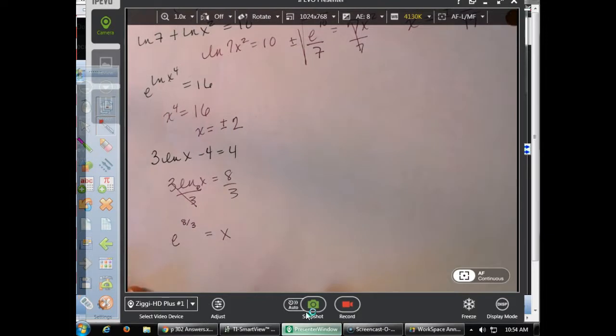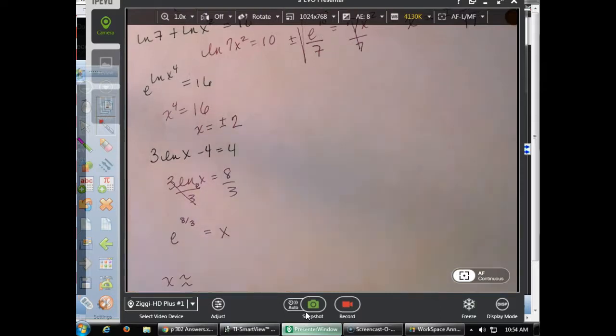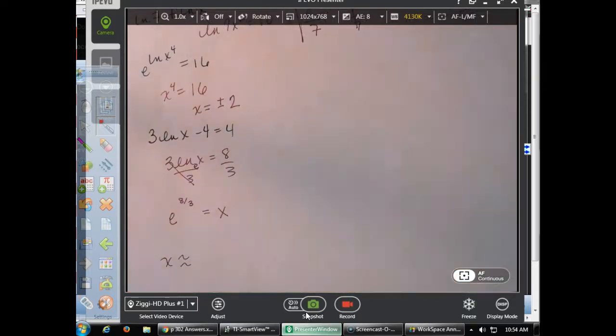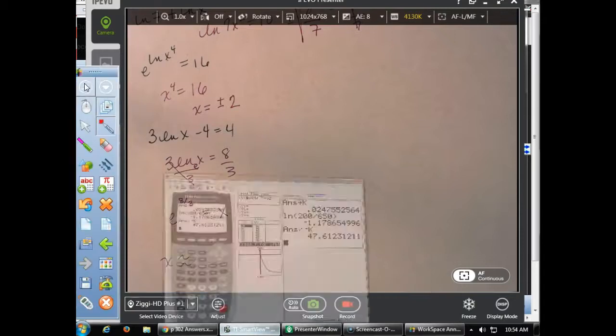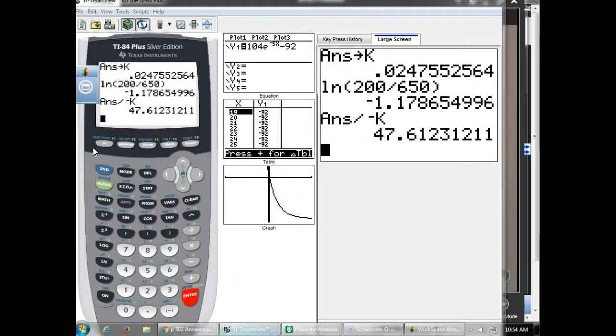Now, what if you did do it the other way? So let's get an approximation for this one. e to the 8/3. Just do it in the calculator. I'm going to have e, and then just do 8 divided by 3.